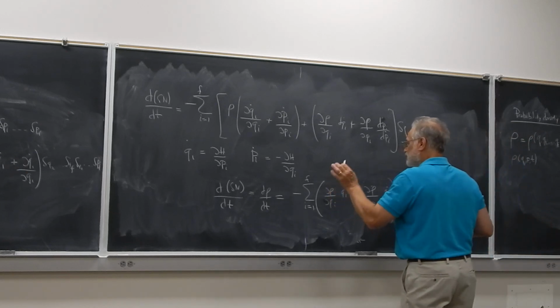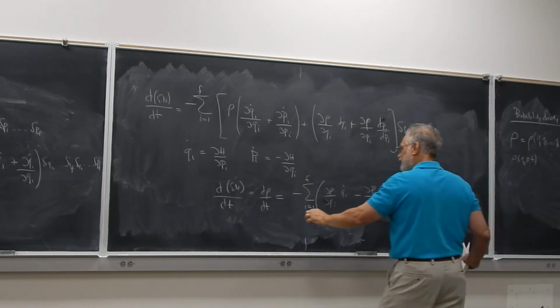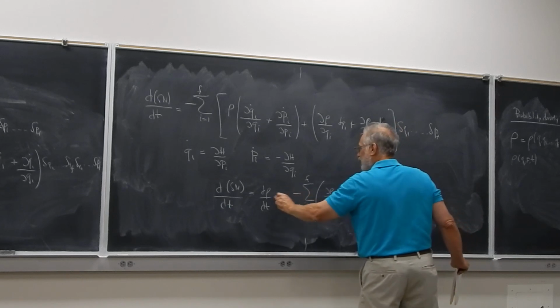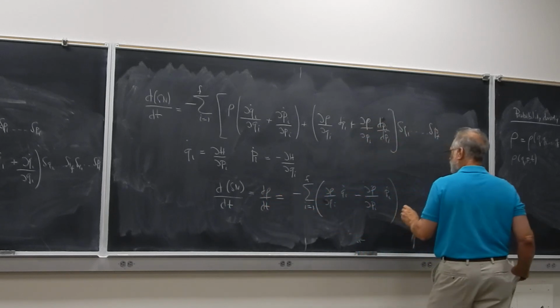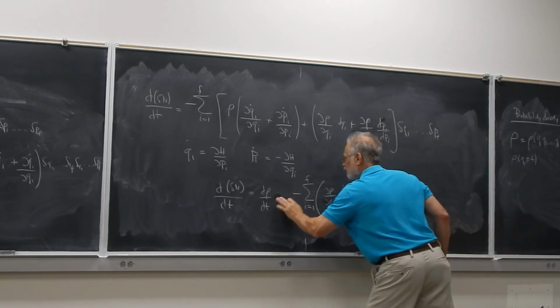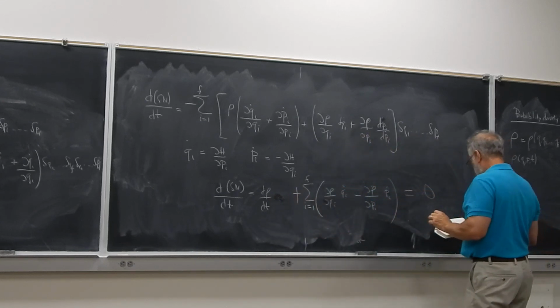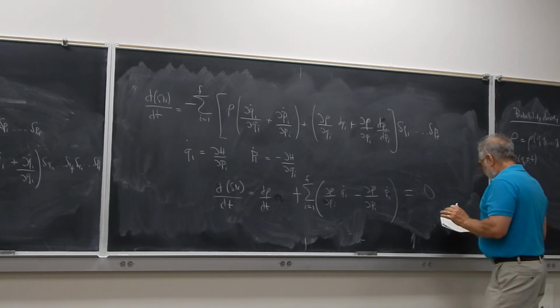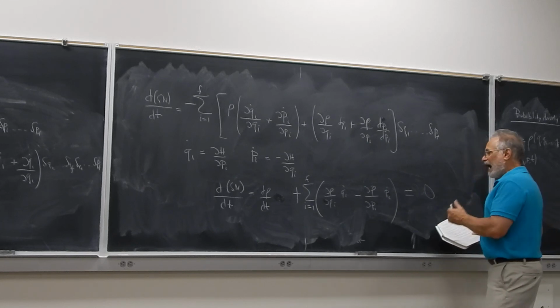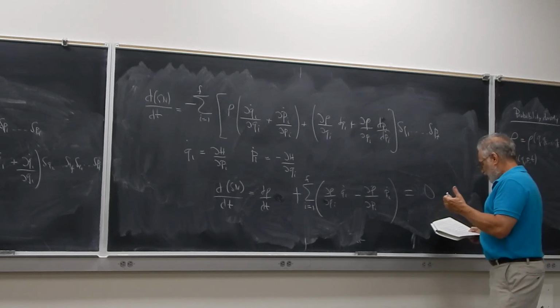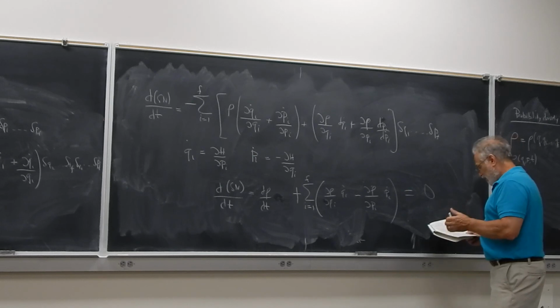So Liouville's theorem says that if I add this quantity on the left to this quantity, we'll just do that, bring that to the other side, set that equal to 0. This tells us how we can determine what statistical equilibrium is.